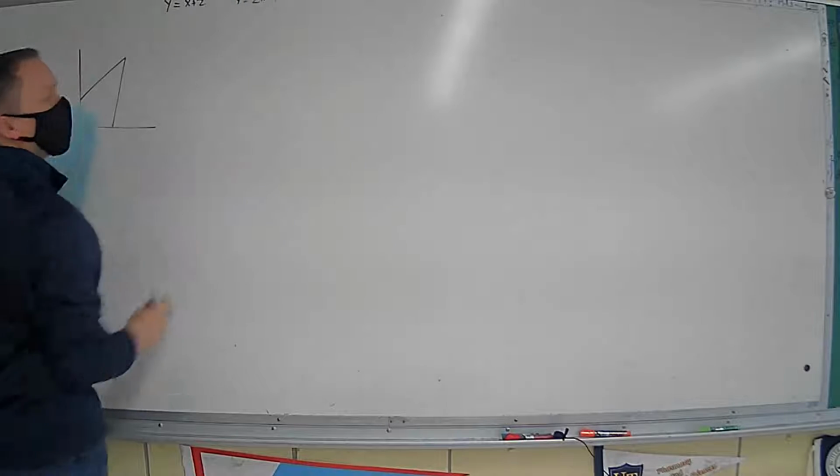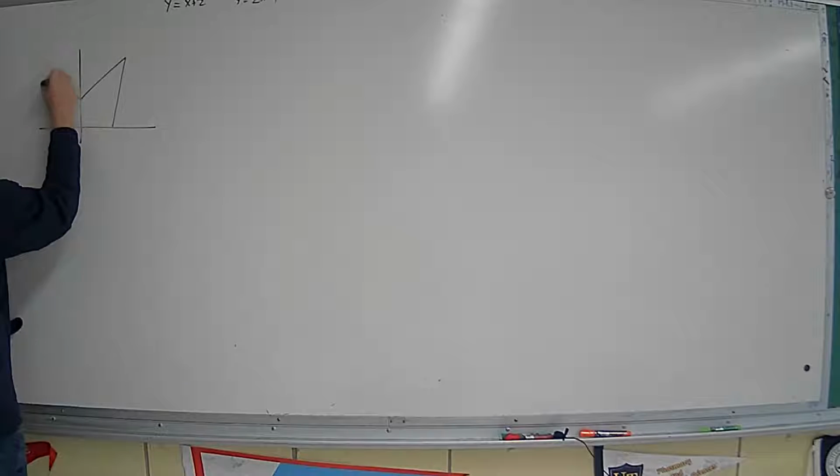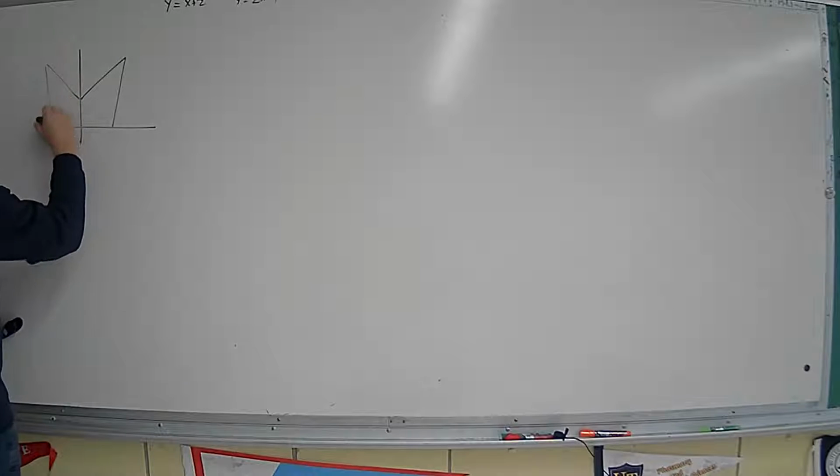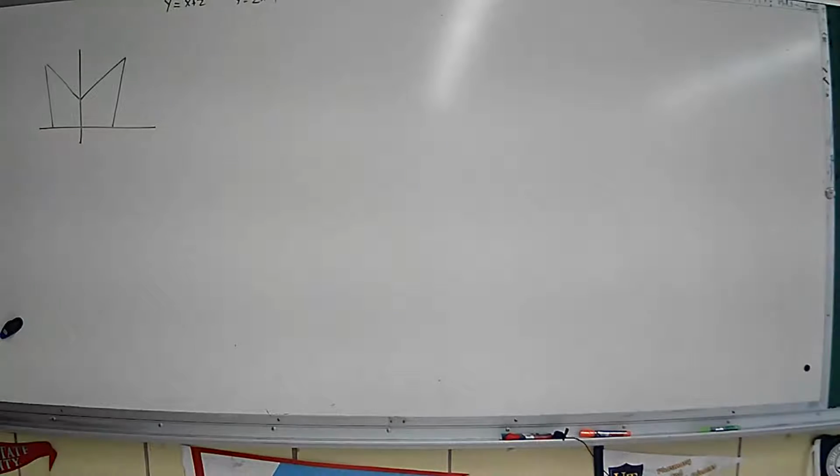Yes? Okay. And we're spinning this around the y-axis. It goes below the x-axis. But then did they tell me that x equals 0 was a third part of the boundary? Oh yeah. Never mind, I think you did it right.